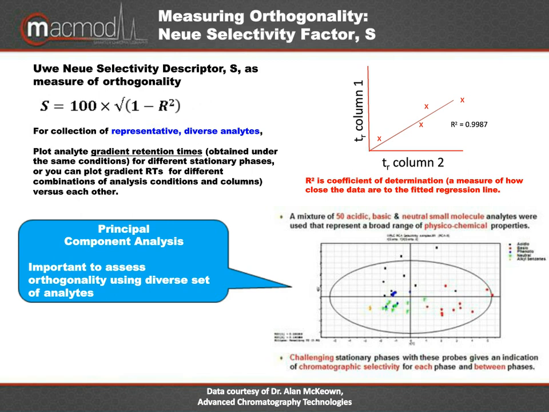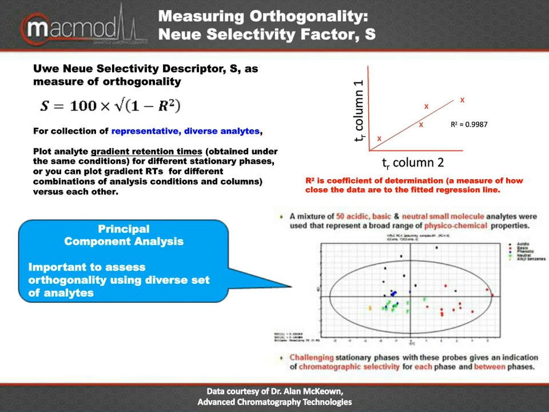And of course, that's only of value if you have a significantly large and diverse set of analytes to make those kinds of measurements with. If you only had 5 analytes, it wouldn't mean a whole lot.